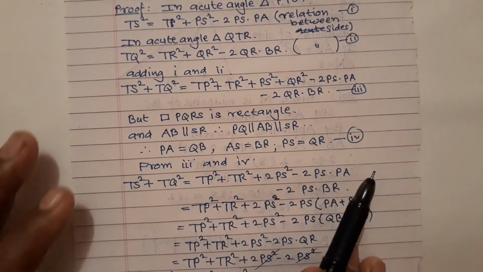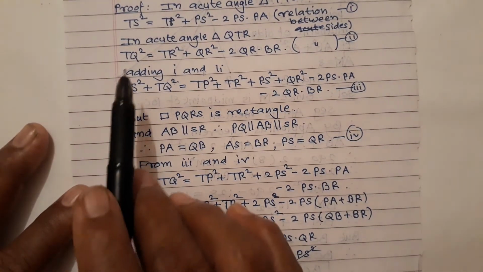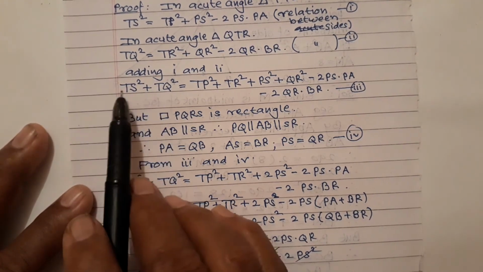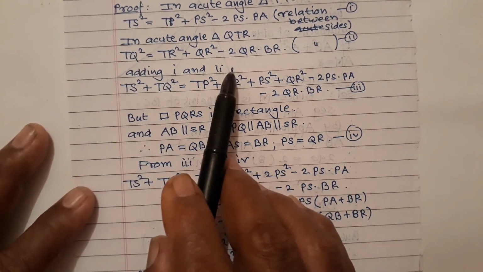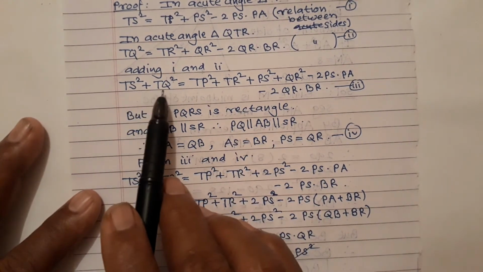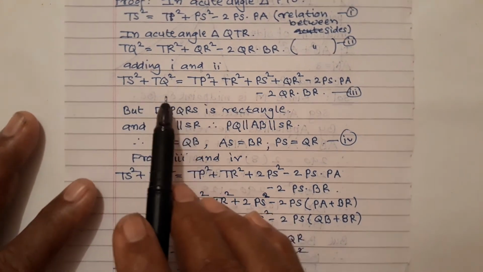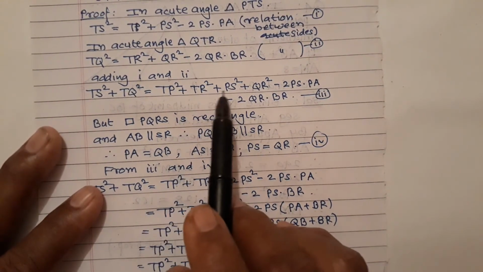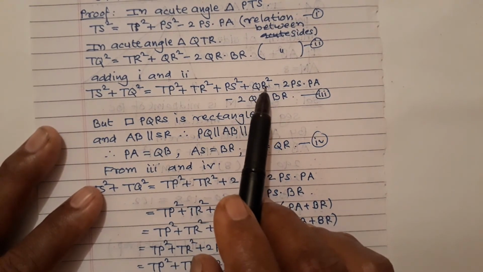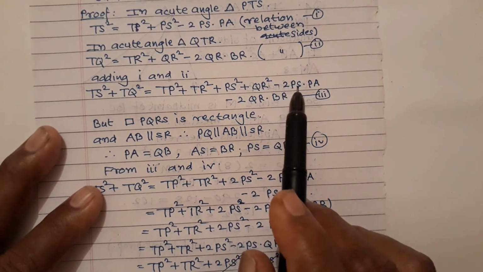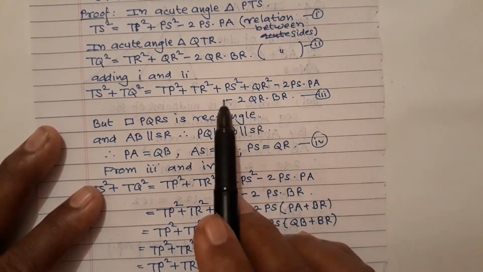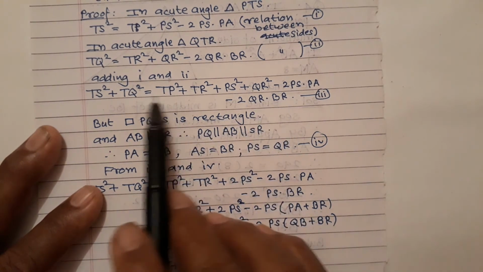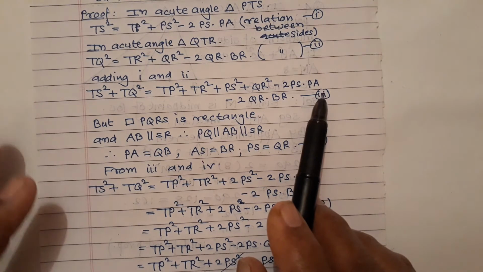If you add statements 1 and 2, adding 1 and 2, TS square plus TQ square is equal to TP square plus TR square plus PS square plus QR square minus 2PS into PA minus 2QR into BR. Okay, now this statement is important.